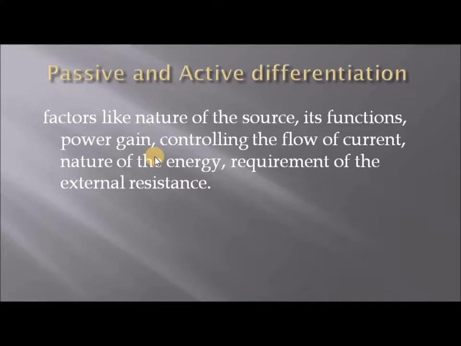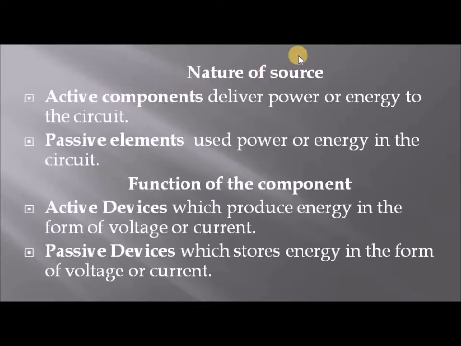Factors include nature of the source, its functions, power gain, controlling the flow of current, nature of the energy, and requirement of external resistors or resistance. Let's start with the nature of source.